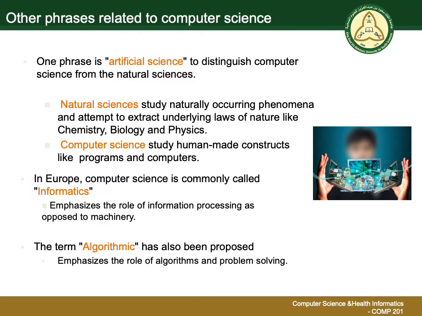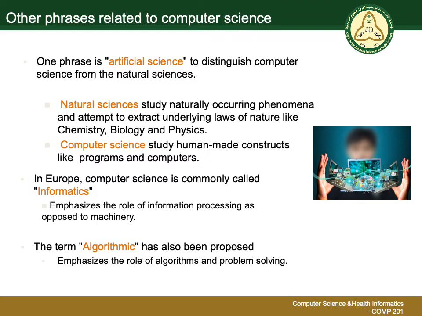Study naturally occurring phenomena, الأشياء اللي تصير في الطبيعة، الأحداث, and attempt to extract underlying laws، واكتشاف واستنتاج القوانين اللي تجري تحت الأشياء الطبيعية, like chemistry, biology, physics, الكيمياء والأحياء والفيزياء. هذه كلها تسمى علوم طبيعية لأنها شغلات جاية من الطبيعة.